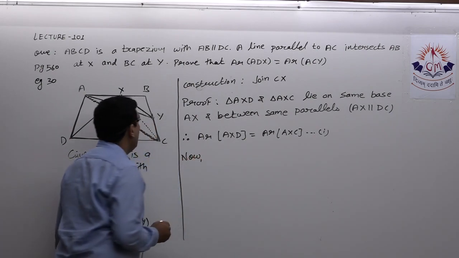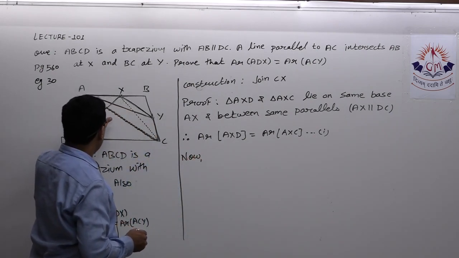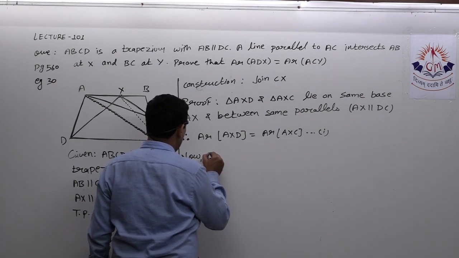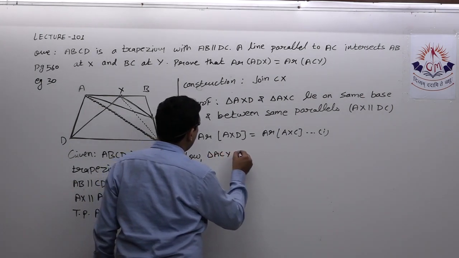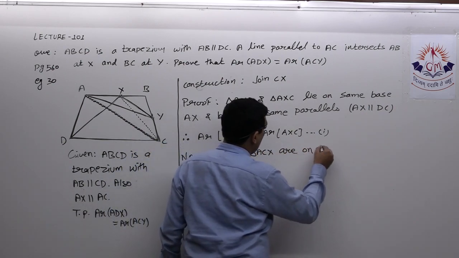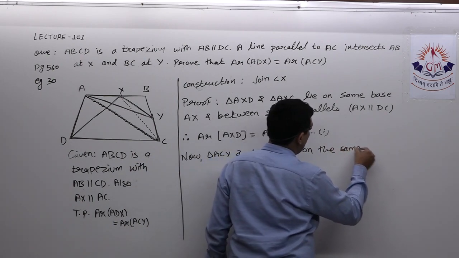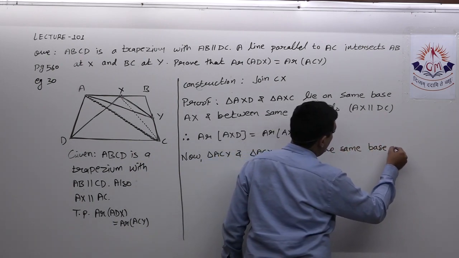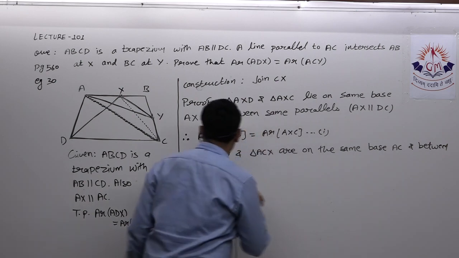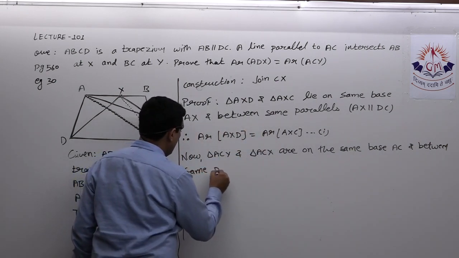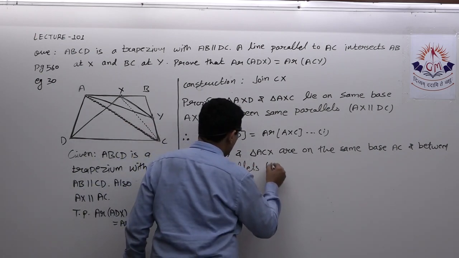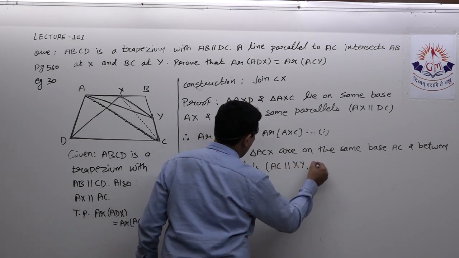Let it be first. Now in a similar way, triangle ACY and triangle ACX are on the same base AC and between same parallels AC and XY, AC parallel XY given.